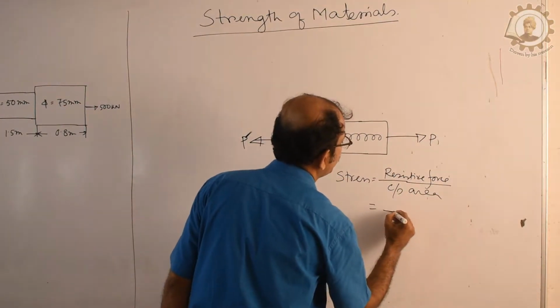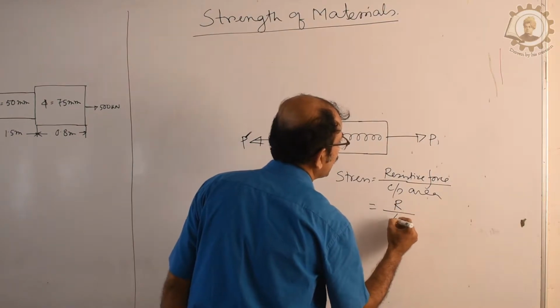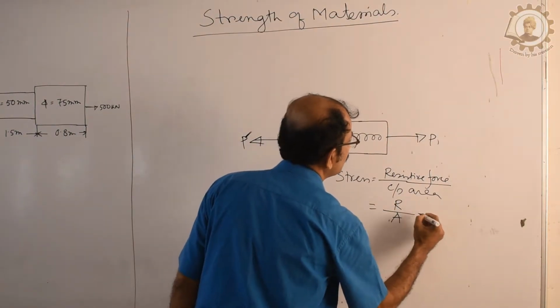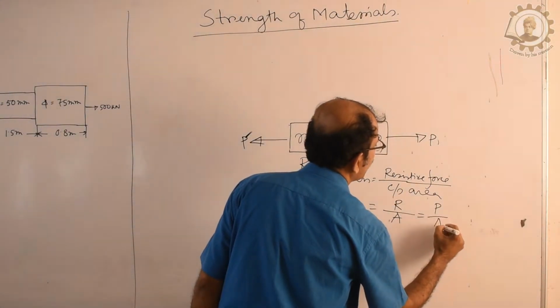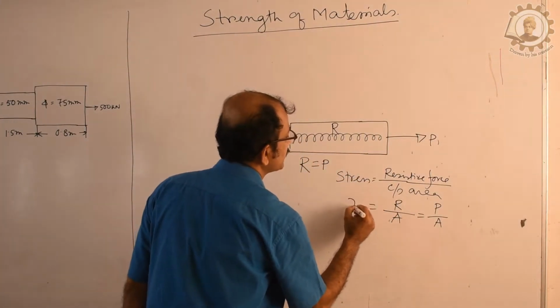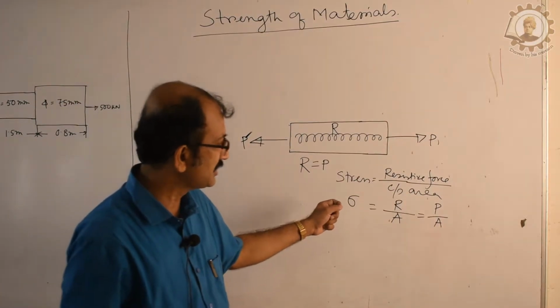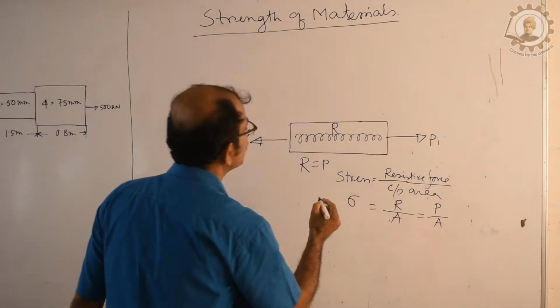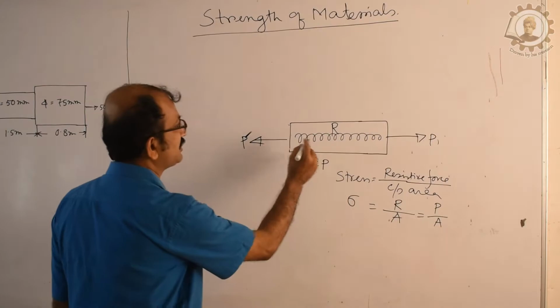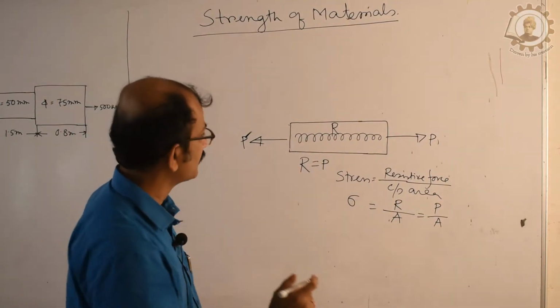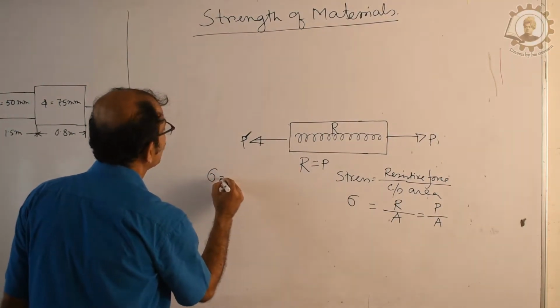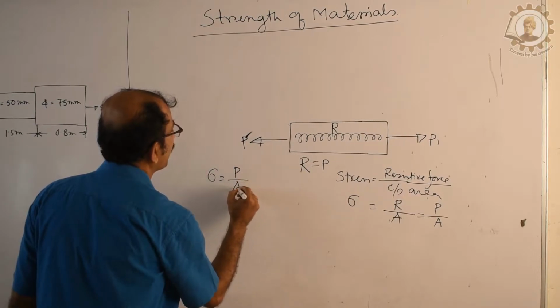So that resistive force R by A, so that is P by A. So that is the stress. The symbol of the stress is sigma, that is P by A. This type of stress is called the direct stress.